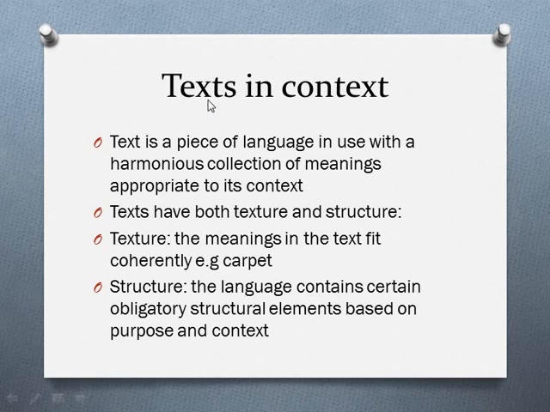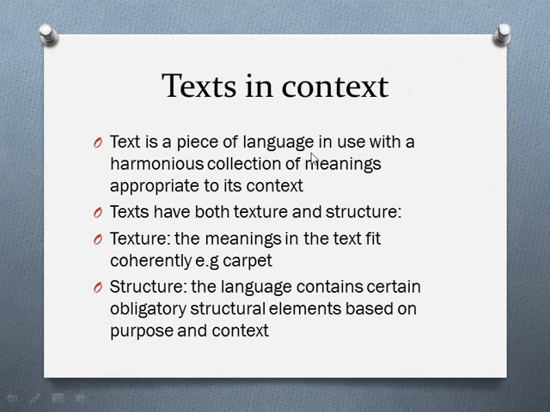For example, you may ask, where is the text? And then you may show a piece of paper. But here, text is not just a written work. Text is a piece of language in use, with a harmonious collection of meanings appropriate to its context.